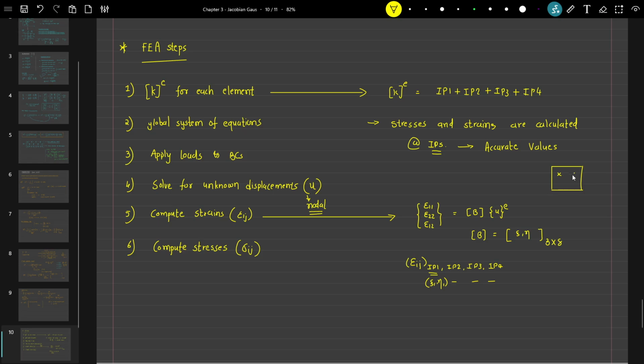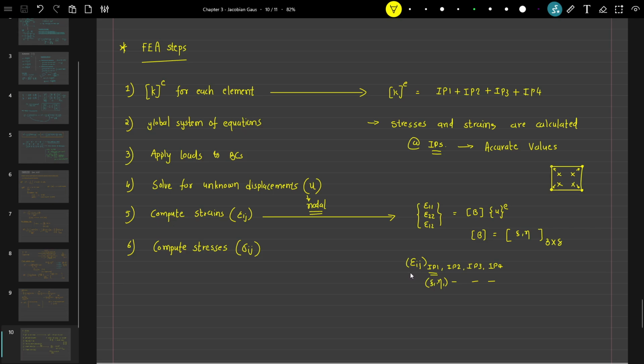So the stresses and strains are calculated at integration points, and then they are extrapolated to nodes. We will see how this extrapolation works in detail in chapter 4 when we are talking about mesh convergence. But remember, stresses and strains are integration point quantities, whereas displacements are nodal quantities.